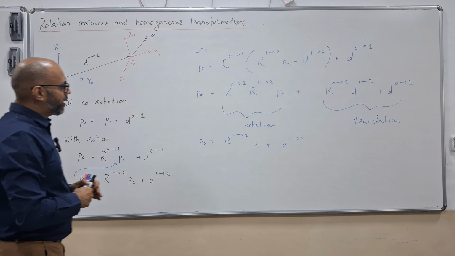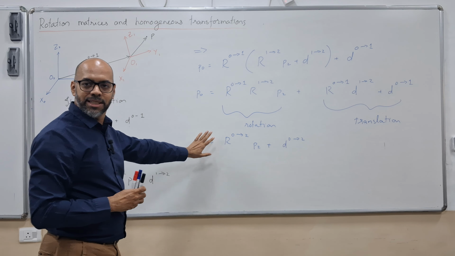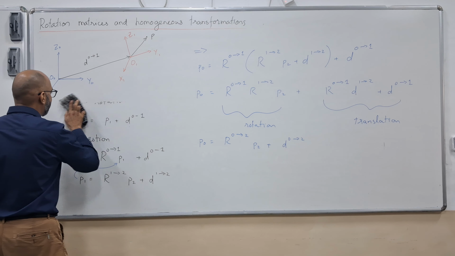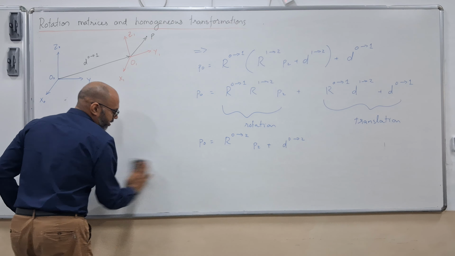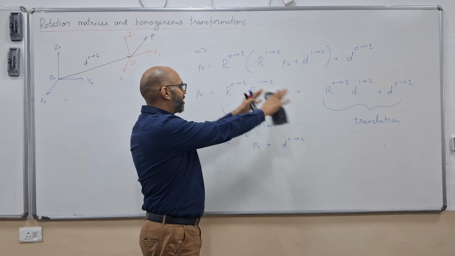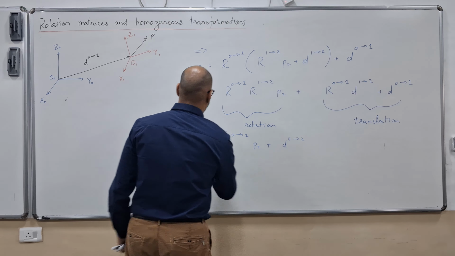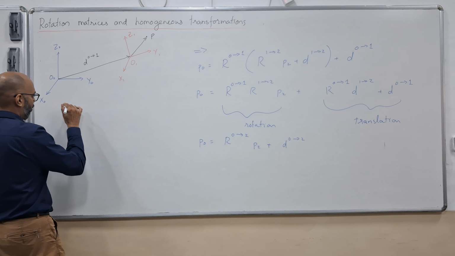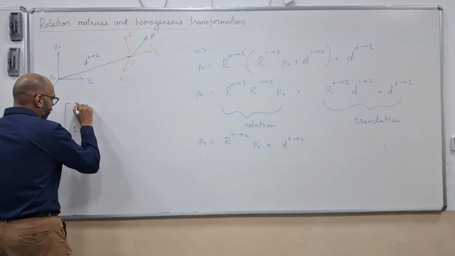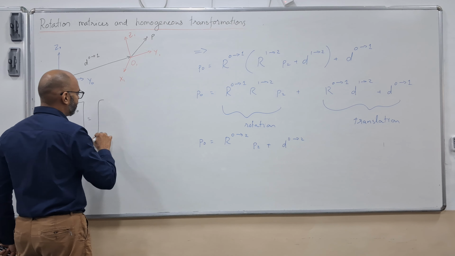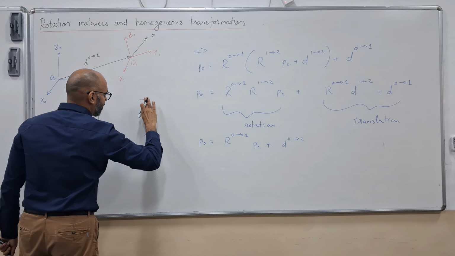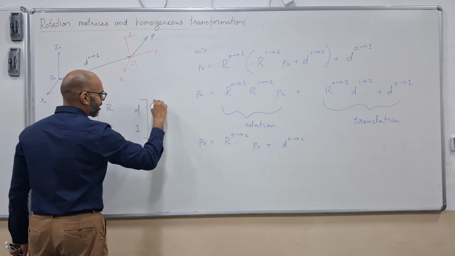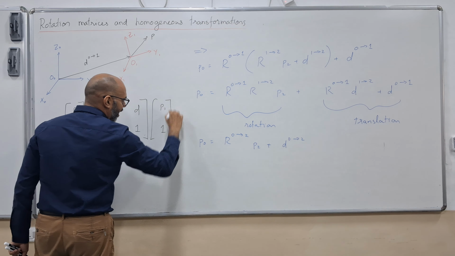Now, just like in rotation matrices, we could set it up as sequence of matrix multiplications. We can do the same thing over here, but we need to add a little bit of detail here to make the homogeneous transformations work as a simple matrix multiplication, and all we need to do is for each of these vectors we need to add an artificial one, and if we do that we can write this whole set of operations as really an R, D01 multiplied by P1, again an artificial 1 added.